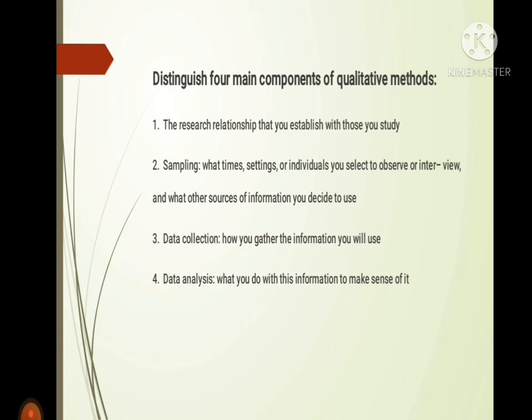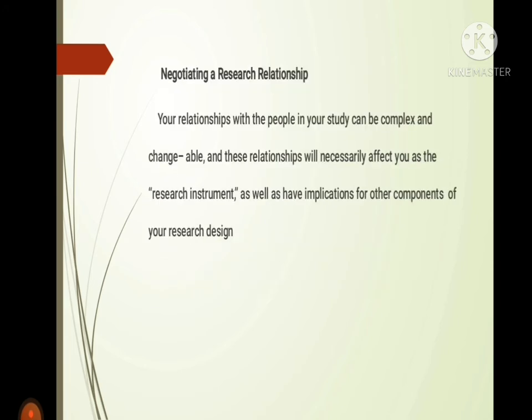The third is data collection. It talks about how you gather the information you will use. And the last one is data analysis: what you do with this information to make sense of it. Negotiating a research relationship.